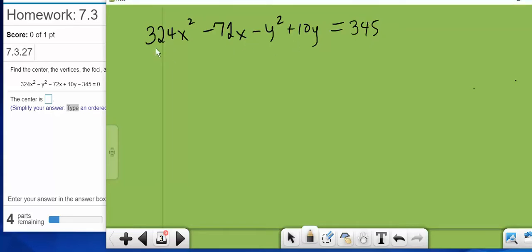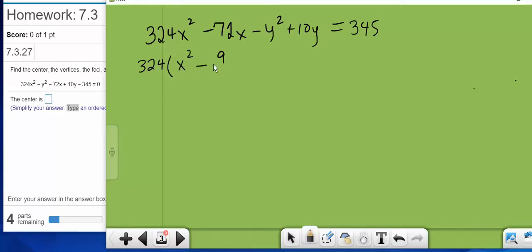All right, so we have to factor out this 324. So x squared minus 72 divided by 324 as a fraction. Oh no, I was supposed to divide it, right?